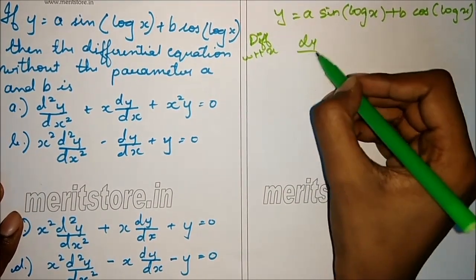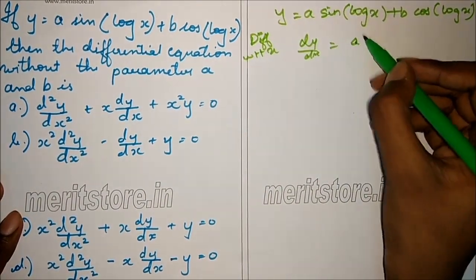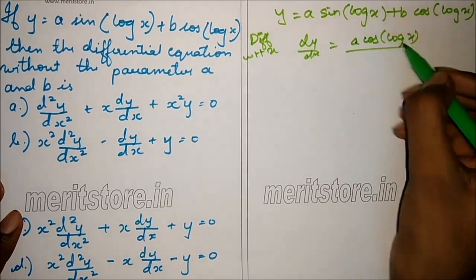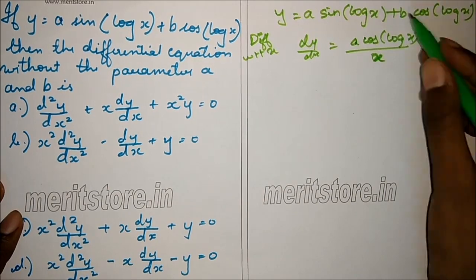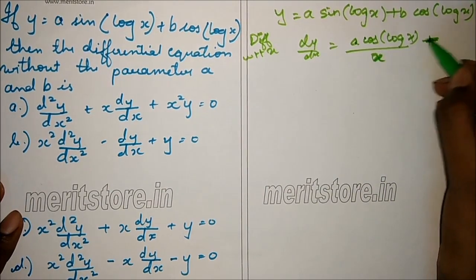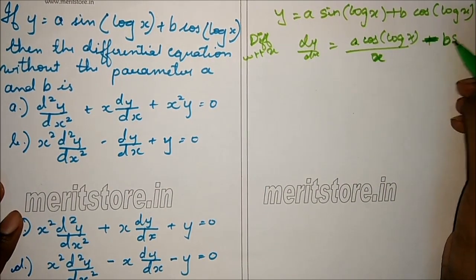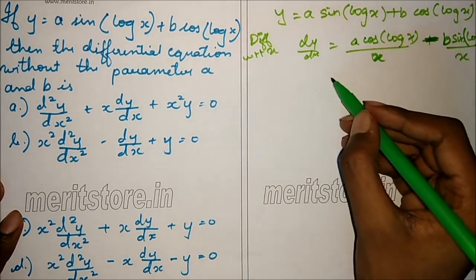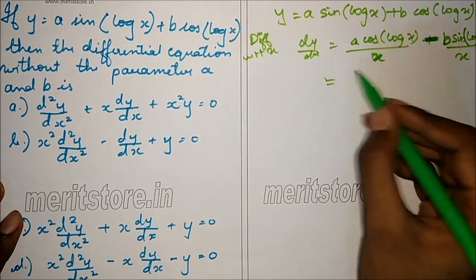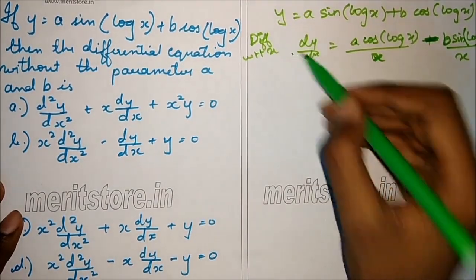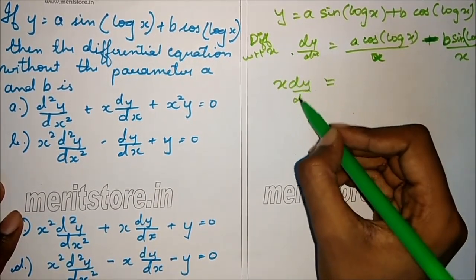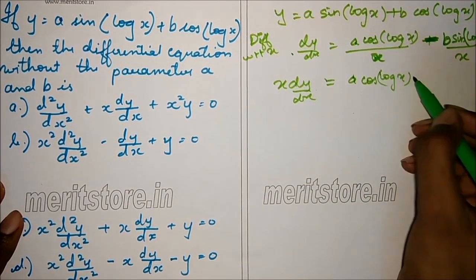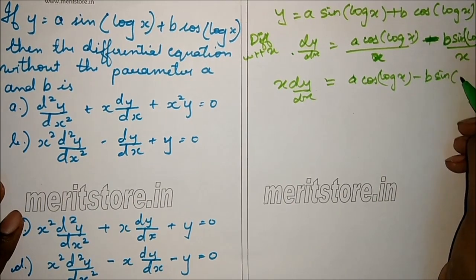So dy by dx will be a into derivative of sin, which is cos of log x into derivative of log x, which is 1 by x, plus similarly, derivative of cos is minus sin, so minus b sin log x into derivative of log x, that is 1 by x. So taking x common and shifting it to LHS, we get x into dy by dx equals a cos log x minus b sin log x.